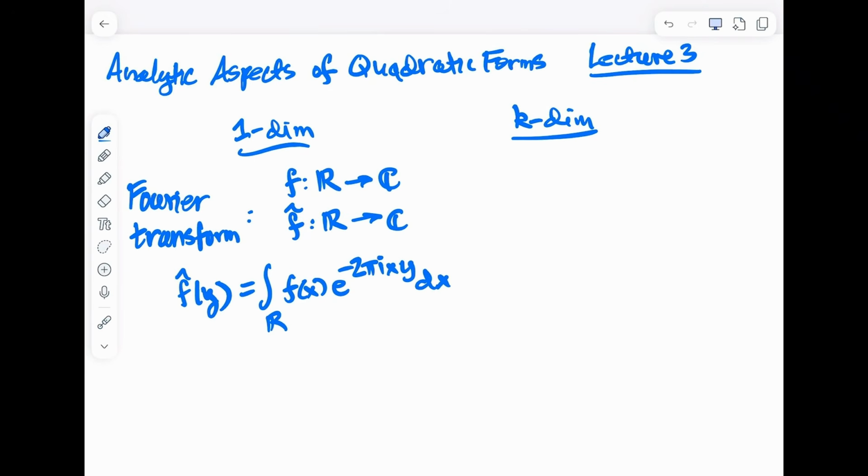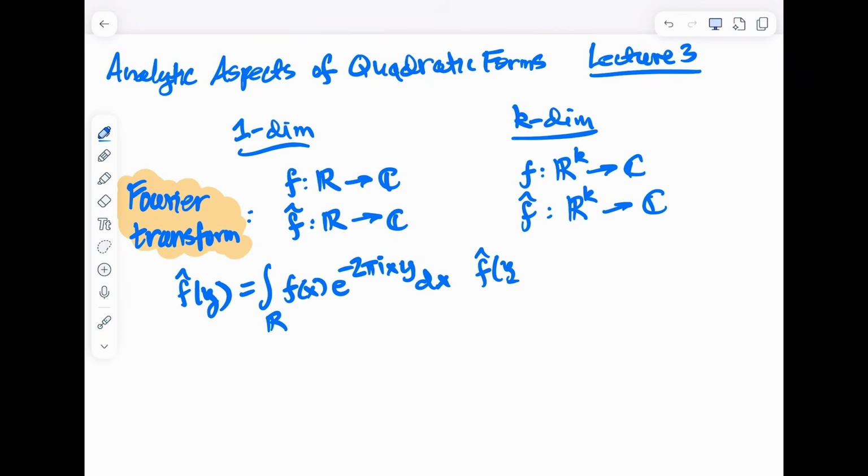Okay. And likewise for the higher dimensional case, if you have a function from R^k to C, its Fourier transform also is defined from R^k to C, and its value on a vector y is the integral over R^k of f of x, where x means x1 through xk, multiplied by e to the minus 2 pi i times the dot product, x dot y.